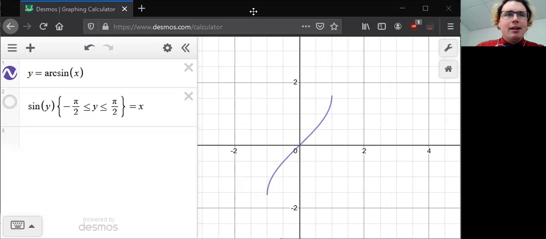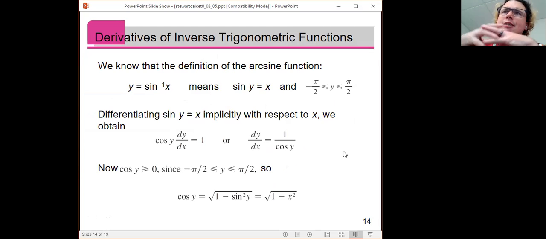Well, hey, if I've got two different equations which give me the very same curve, I should be able to do implicit differentiation on either one of them and get the very same answer.